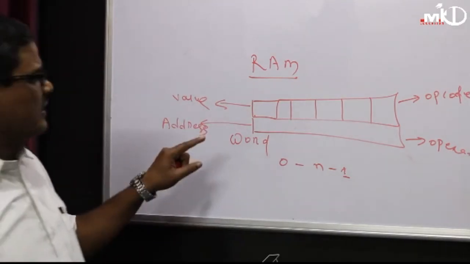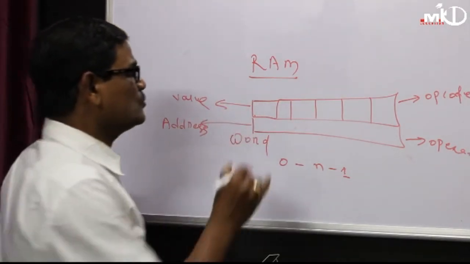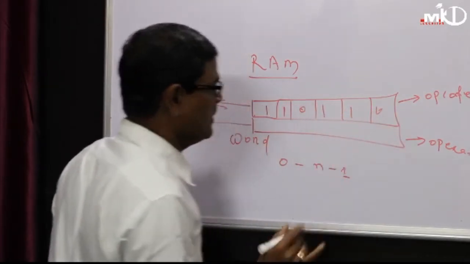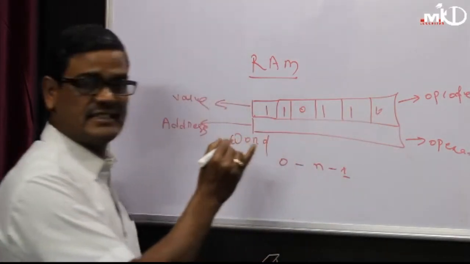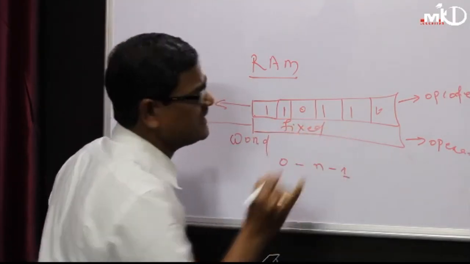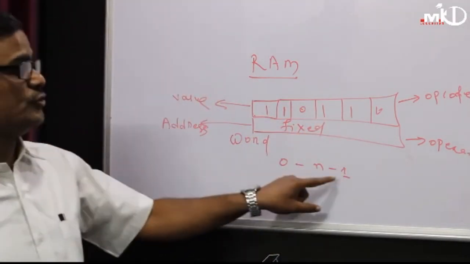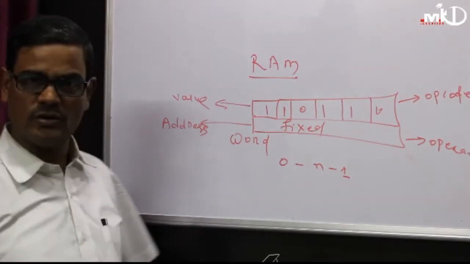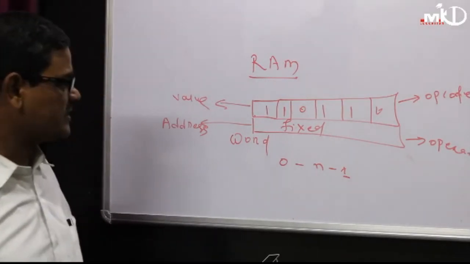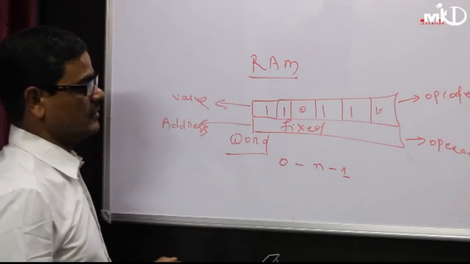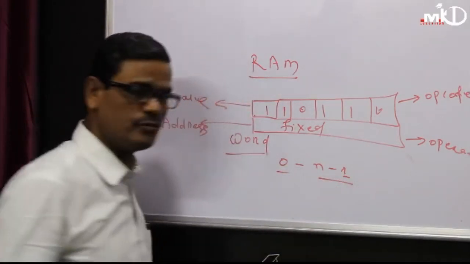In the value area, the value will vary, but the address is fixed. The address is fixed, from 0 to n minus 1, depending on the word size of the memory, the word size of the operating system.